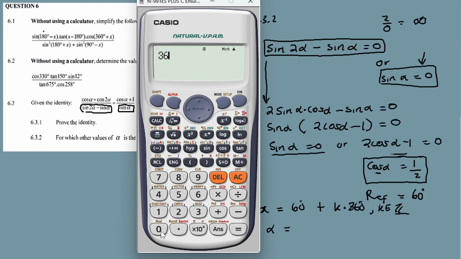This was for the first quadrant; for the fourth quadrant, 360 minus 60 is 300 degrees plus k multiplied by 360, where k is an element of integers.